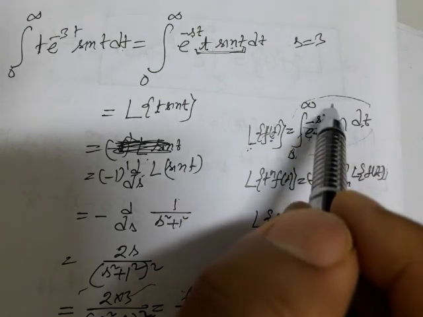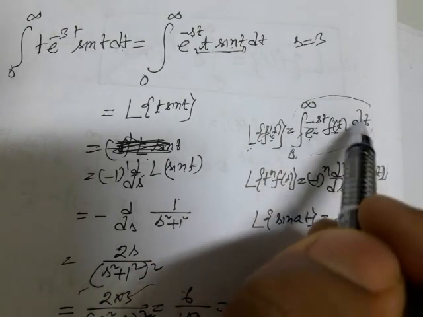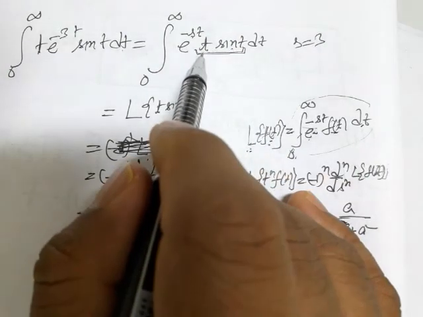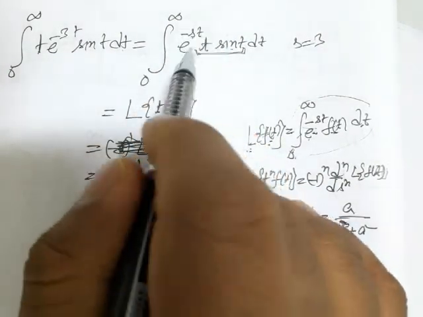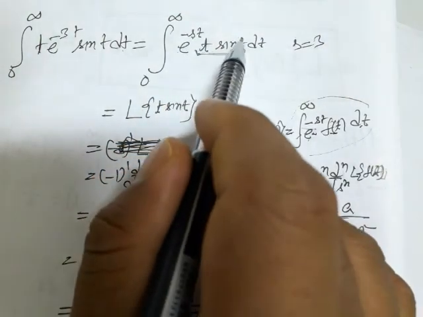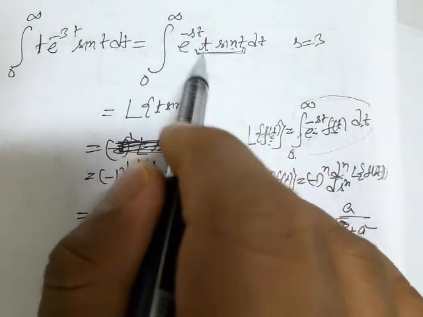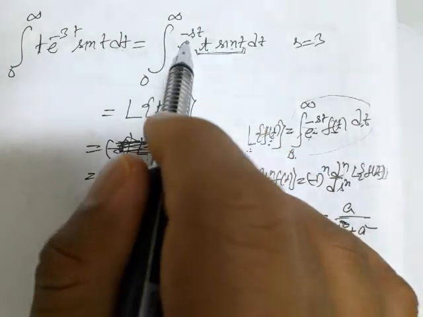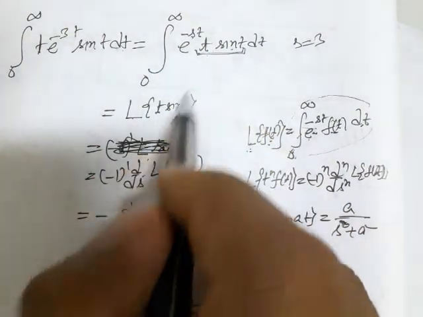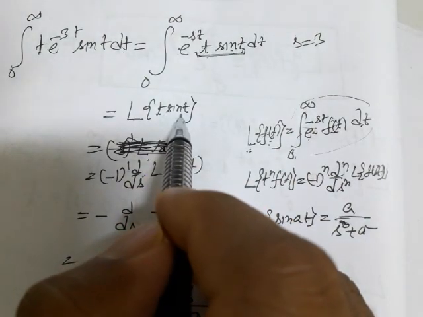If we have this kind of integral, then immediately we can write L of f of t. So what is f of t for this integral? The term multiplying e to the power minus st inside the integral is f of t, so this is L of t sin t.